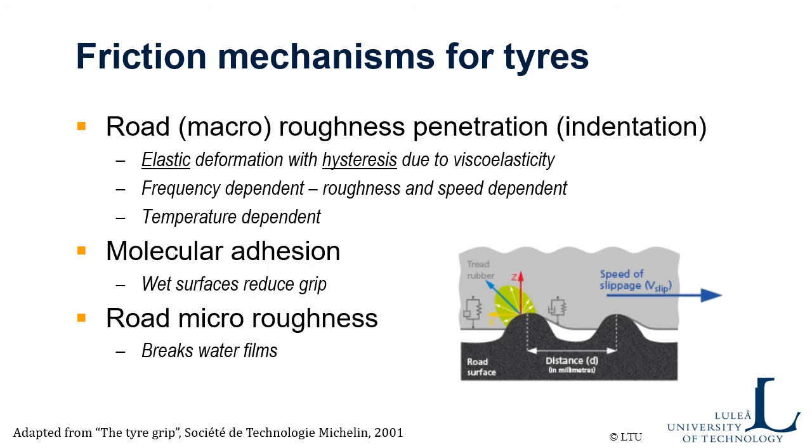So it depends on the type of material you're using to make the road. If the rocks are very smooth or not. If they are very smooth, you will get a road with less good friction, I would say. Important to remember is, of course, that the rubber material's viscoelastic behavior is frequency dependent and temperature dependent.